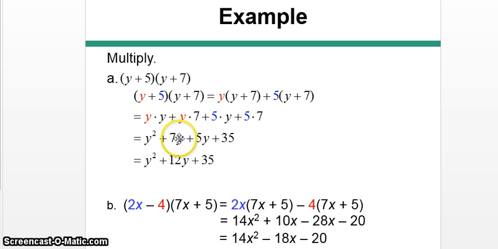After adding them, we get 12y. So the product of two binomials gives y squared plus 12y plus 35.